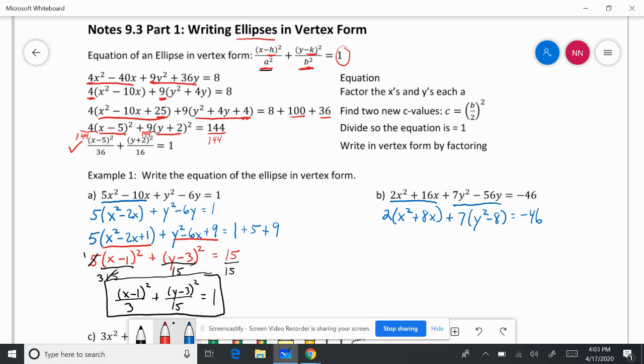We take the 8, divide it by 2 and square it. What that gives us is 16. For the other one, it's the same. We take the negative 8, divide it by 2, square it, and that gives us a 16 also.